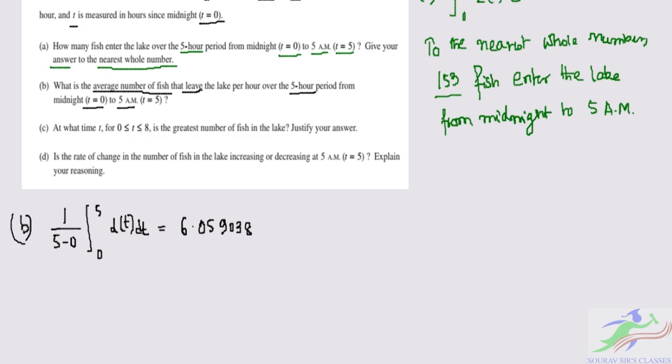Which will be simply 6.059038. So from here we can see that the average number is about 6.